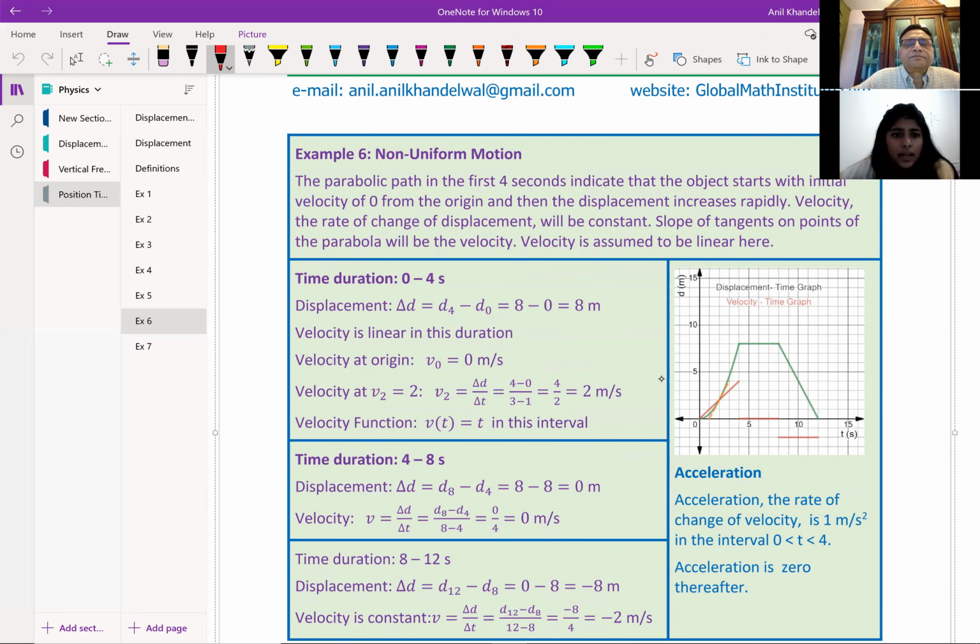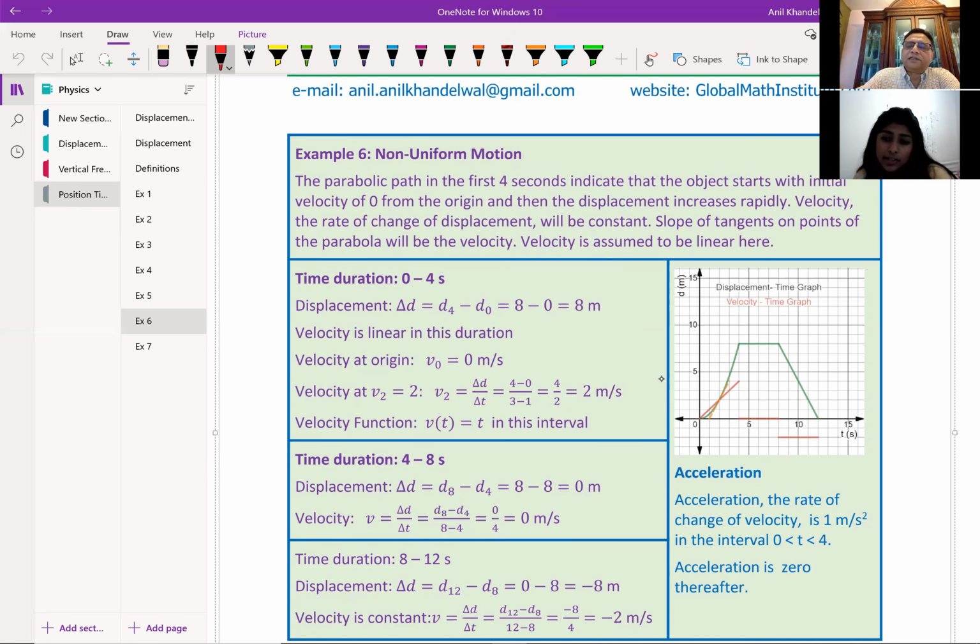The parabolic path in the first 4 seconds indicates that the object starts with an initial velocity of 0 from the origin, and then the displacement increases rapidly. Velocity, the rate of change of displacement, will be constant. The slope of tangents on points of the parabola will be the velocity. Velocity is assumed to be linear here.